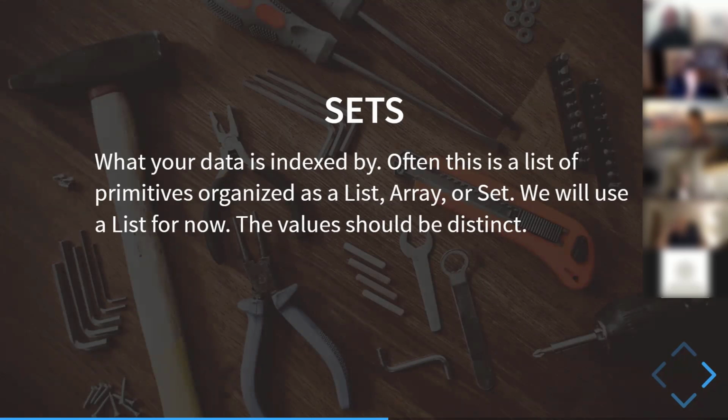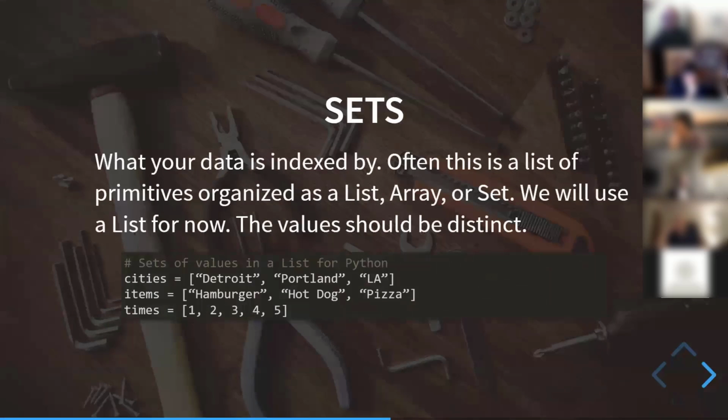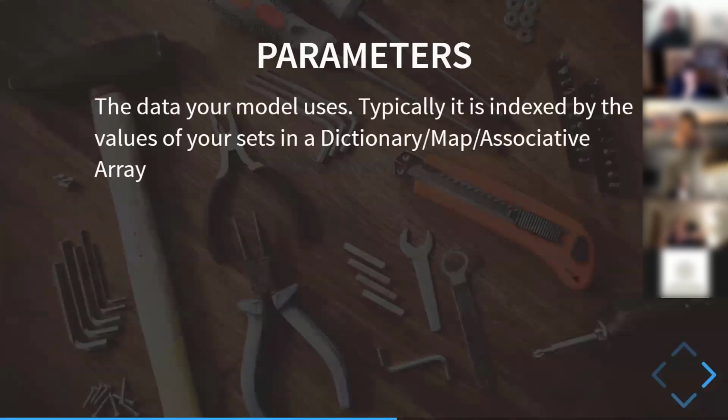So whatever data structure in your language gives you a unique set of values, use that. It's how we index our data, for example things like cities or items or times. It's how we index into our collections to get the data.